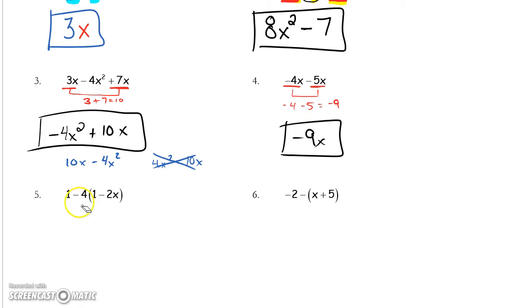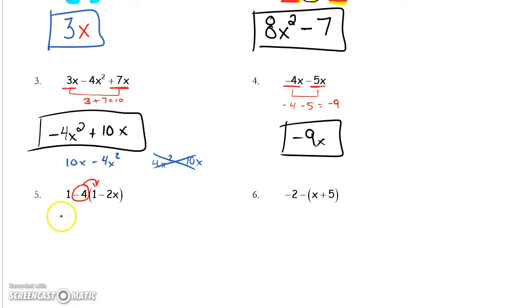Again, I'll erase that and talk real quick. I cannot, I repeat, cannot take 1 minus 4 because then I'd be doing something other than my parentheses first. You can't add or subtract before you eliminate your parentheses. So I have to work on getting rid of my parentheses. That means multiply or distribute my negative 4.